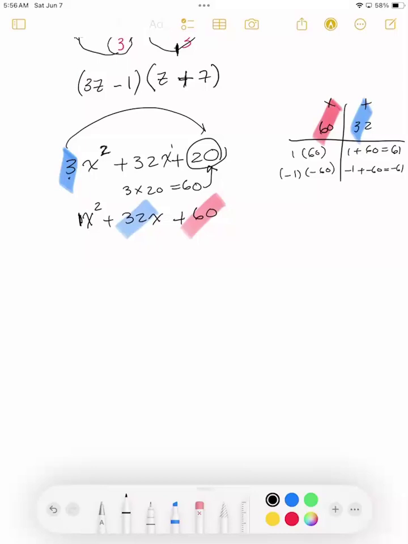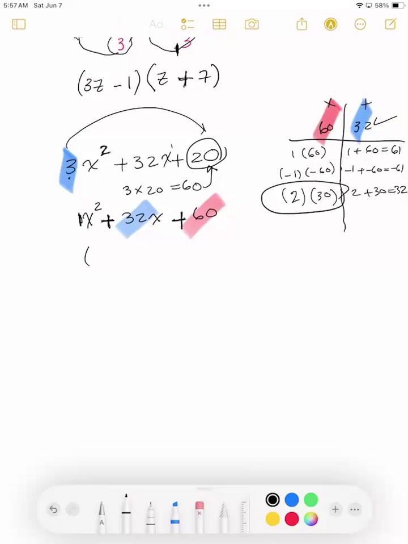And I should stay away from negative numbers anyway. Yes, negative times negative is positive, but in this expression, everything is positive. So I don't need to look at negative numbers. Then, how about if I go after 2 and 30? If I add 2 and 30, I get 32. Bingo. We have our factors.